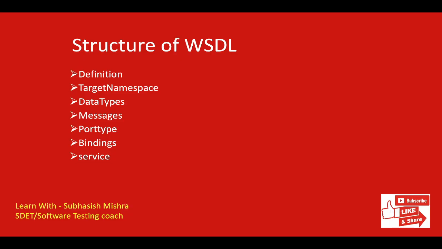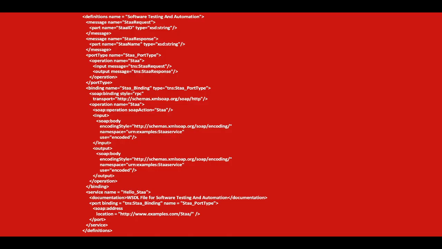So this is the general structure of a WSDL file: definition, target namespace, data types, message, port type, bindings, service. Let's understand a little bit more about message. The message parameter in the WSDL definition is used to define the different data elements for each operation performed by the web service. So in this example, we have two messages which can be exchanged between the web service and the client application.